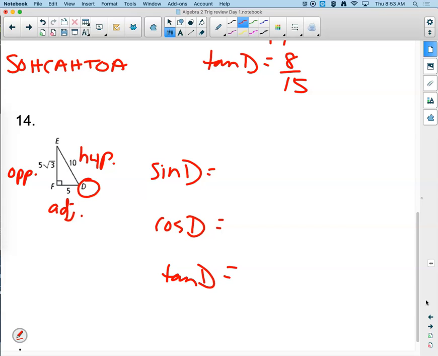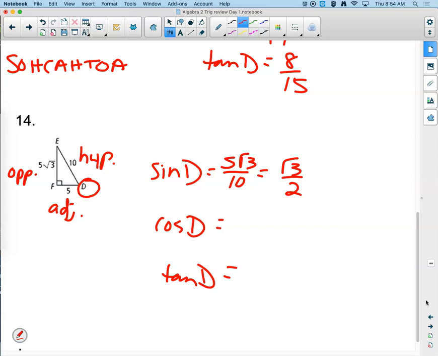Melissa, what'd you get for sine of D? Good. We've got opposite over hypotenuse. And then because of the 5s, we can reduce 5 and 10. We can do square root of 3 over 2.